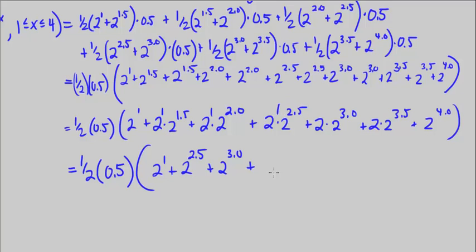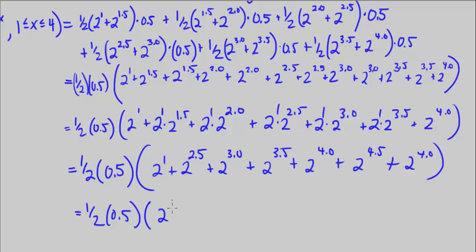Add the exponents. 2 to the 3.5 plus add the exponents. 2 to the 4.0 plus add the exponents. 2 to the 4.5 plus 2 to the 4.0. Alright? I can even combine these two now. This is just like simplifying it for fun.